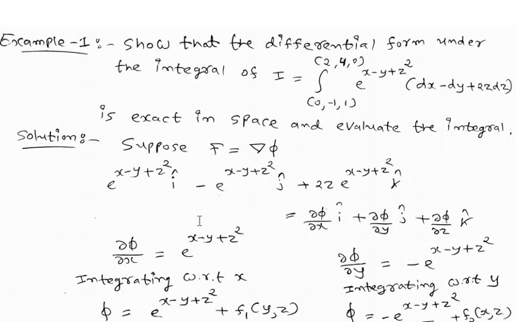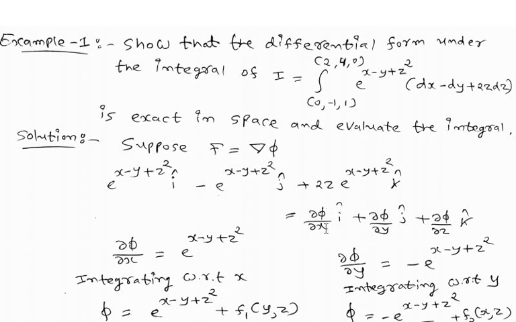From this relationship, first of all, we will find the scalar potential function phi, and from that we will show that f1 dx plus f2 dy plus f3 dz is equal to d phi, right? That's why we have taken f bar equals nabla phi.